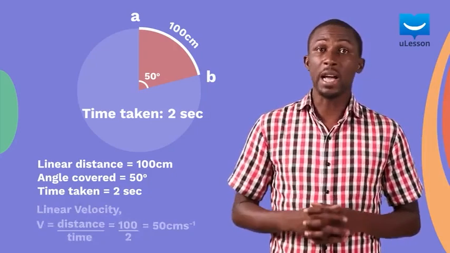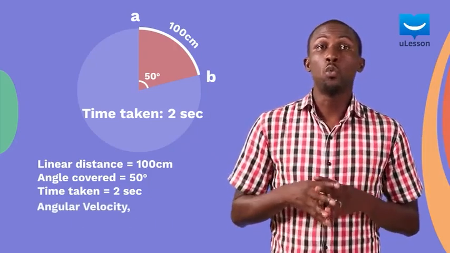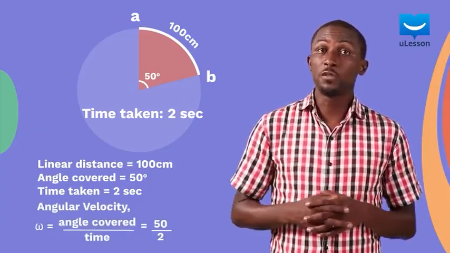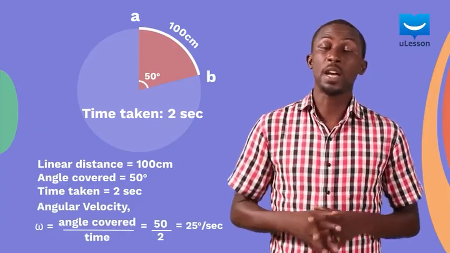On the other hand, the angular velocity will be 50 degrees over 2 seconds, which gives us 25 degrees per second.